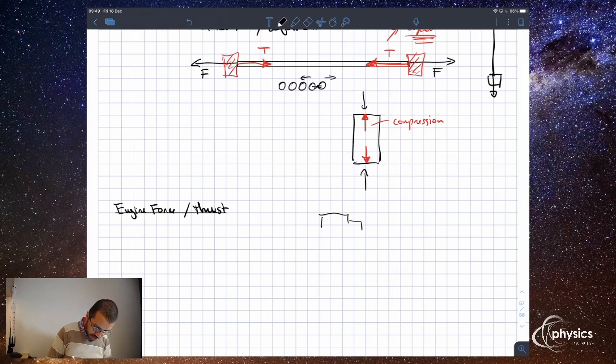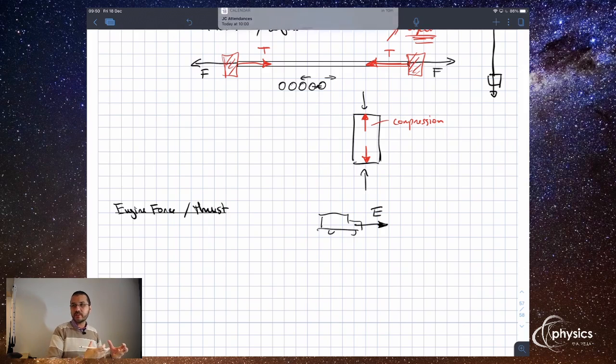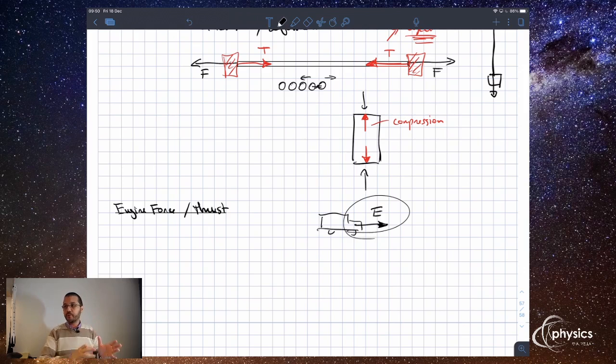So whenever you have an object which has an engine, be it a car engine, an electric motor, or a rocket, on that object there is the forward engine force. The engine force is practically trying to move the object forward, and we just draw a force pointing forward on the object. So whenever there is an engine, we always draw the engine force. I would like to talk more about the engine force in detail, but I will leave it for later, because we have run out of time.